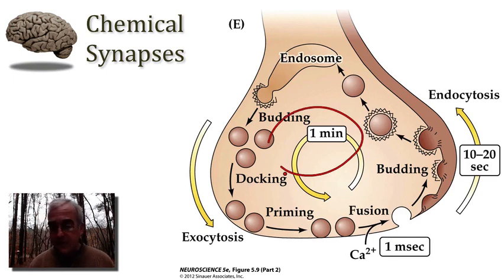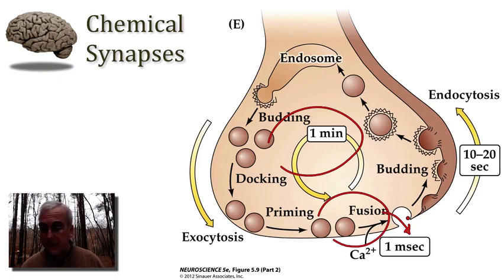The actual fusion events where the membrane fuses, causing a release of neurotransmitter, can happen in about a millisecond or less. And then finally, the recycling of that membrane back into an endosomal compartment can take place in less than a minute. So very quickly, this process can unfold at every synaptic terminal in our brain.